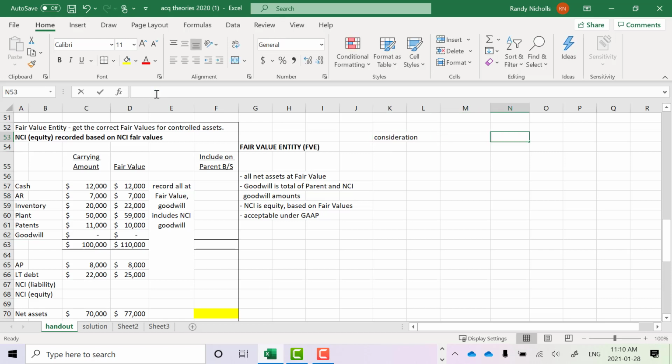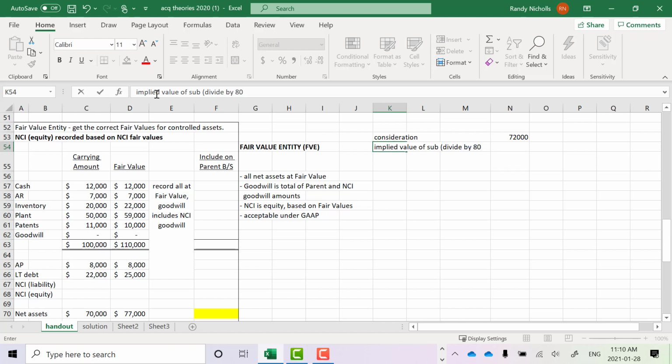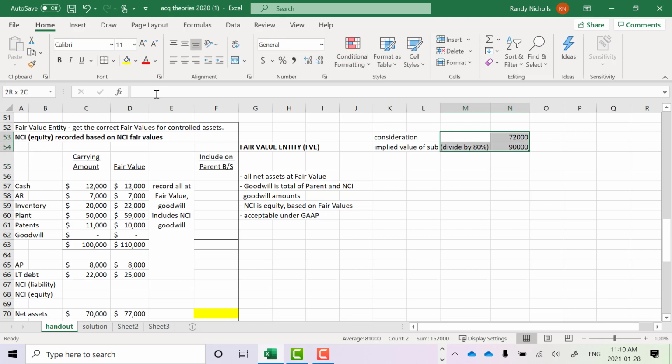We paid $72,000, and we need to figure out, if we paid $72,000, what's the whole company worth? So I'm going to divide by 80% here. So equals 72,000 divided by 0.8. That calculation is telling me that because I paid 72,000 for 80% of a company, in total that company is worth $90,000.